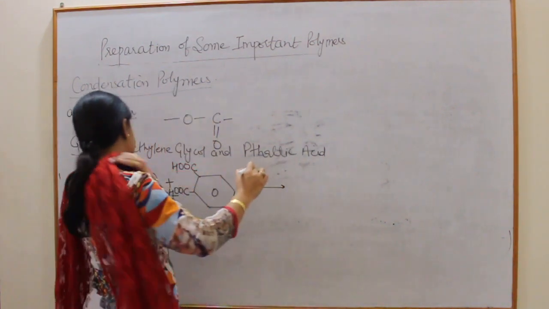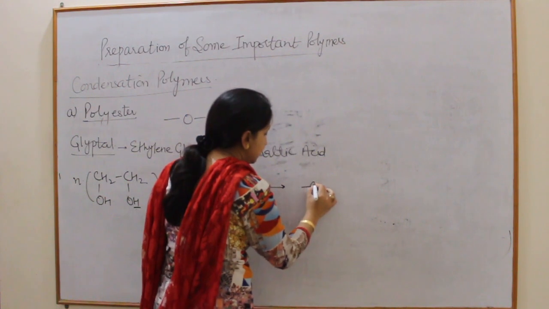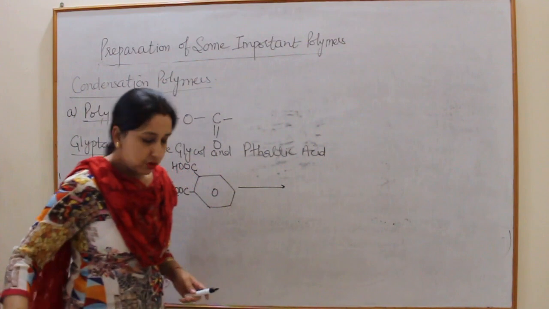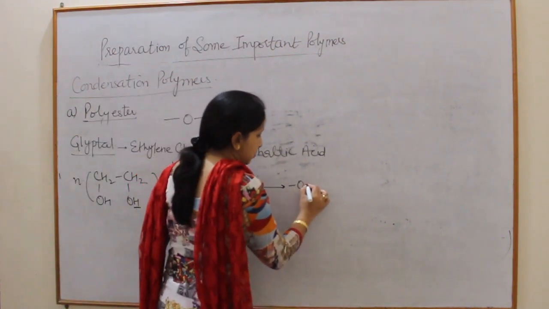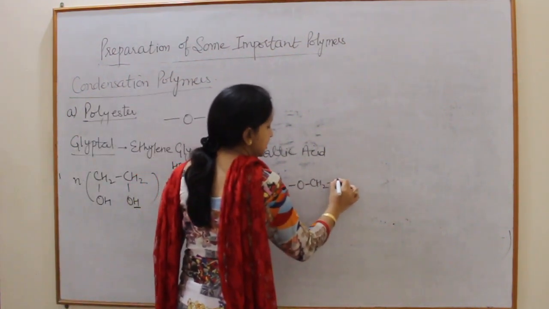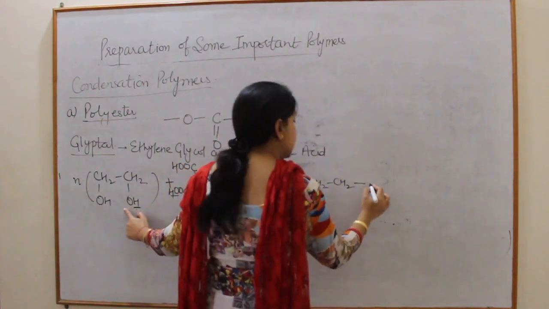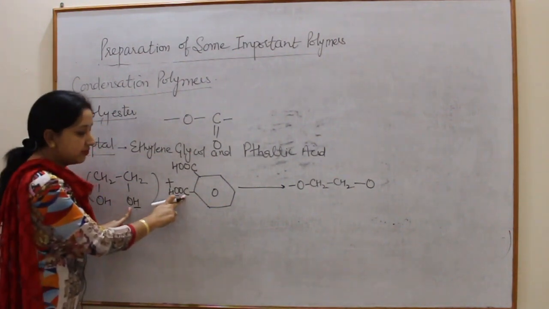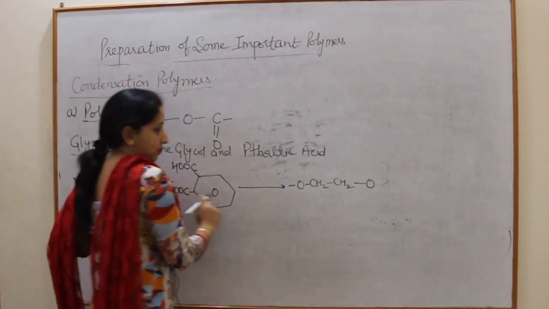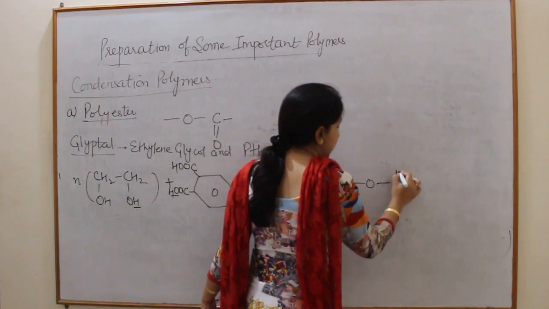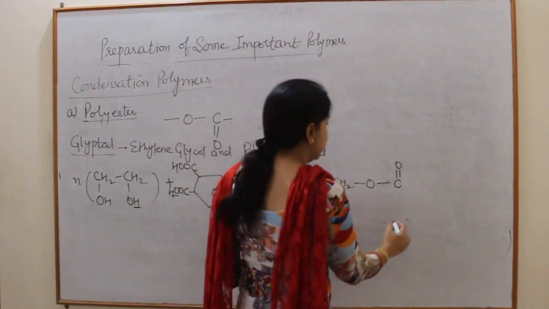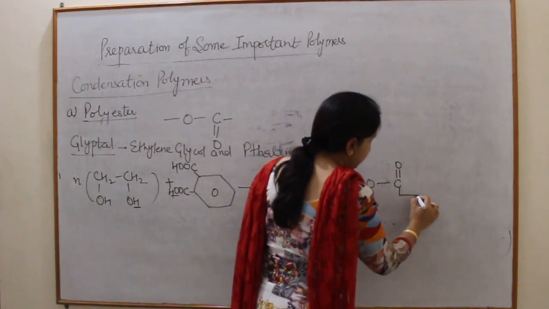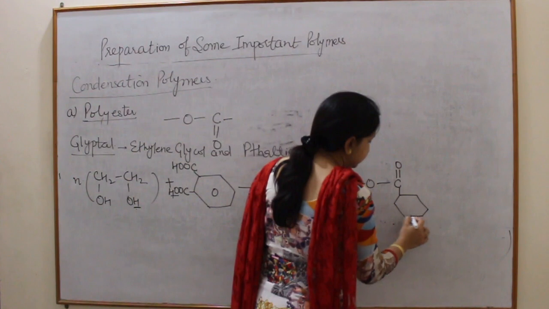So upon polymerization we will get again O, single bond CH2, CH2, O, CH2, CH2, O. Now this O will join with this CO, so C double bond O, and this C is connected with the benzene ring.